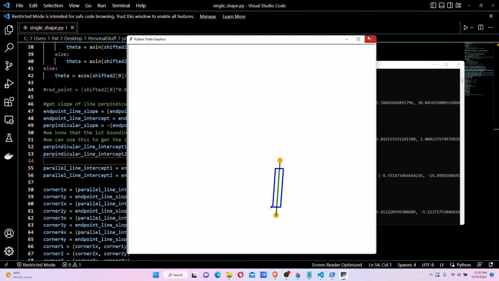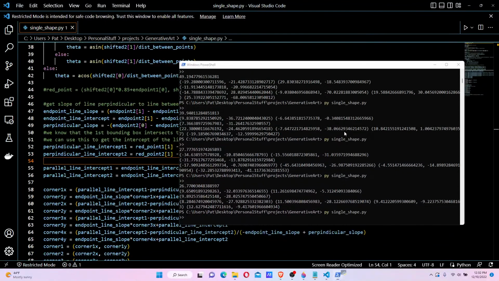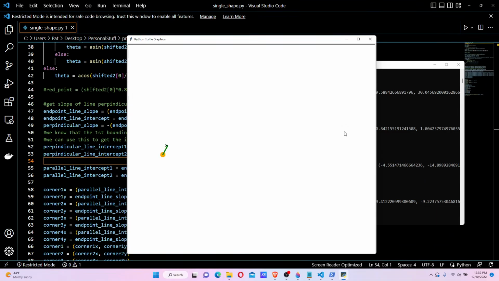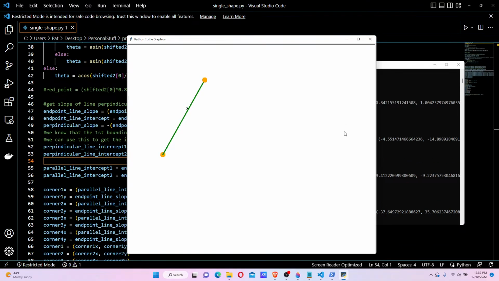It has to do with how vertical it is. That one seemed good.